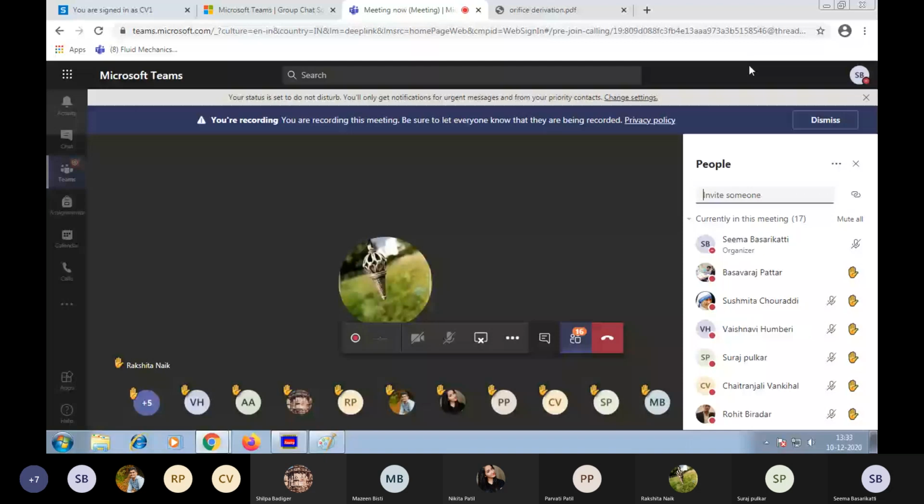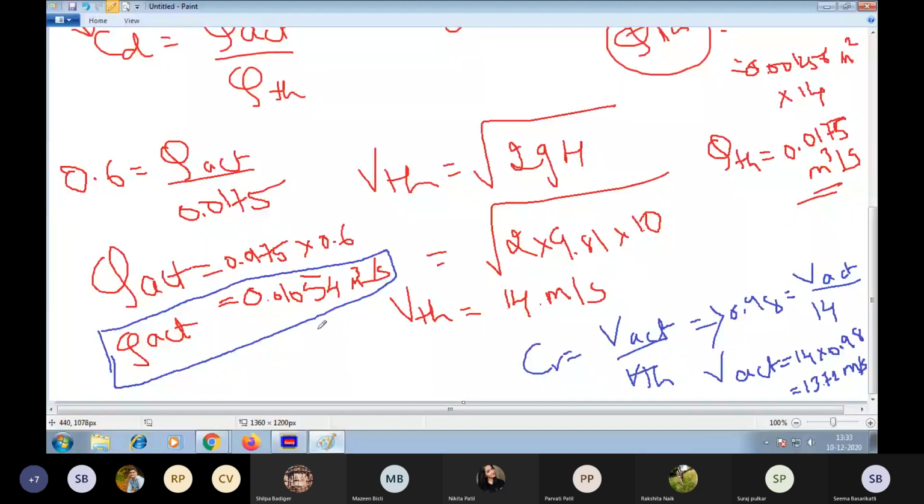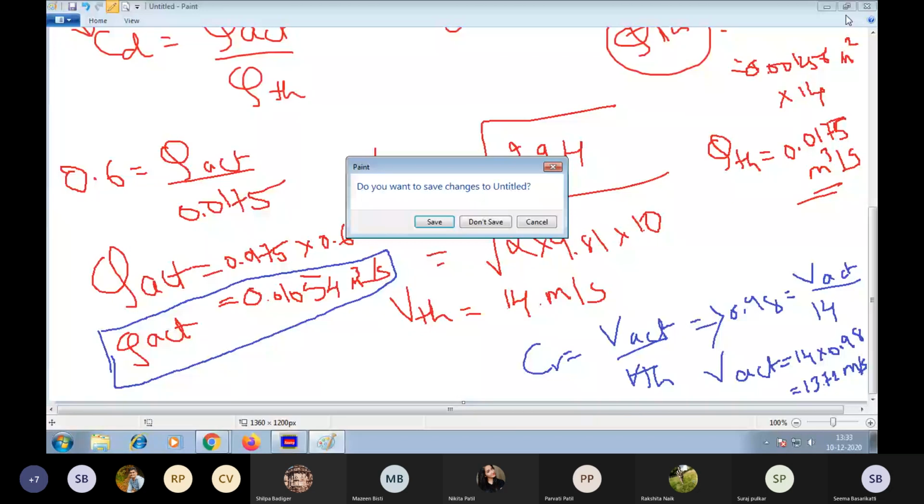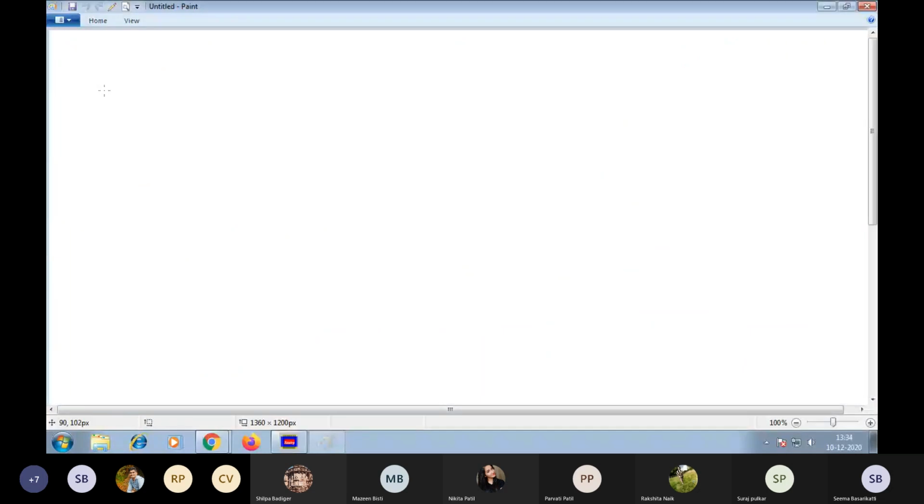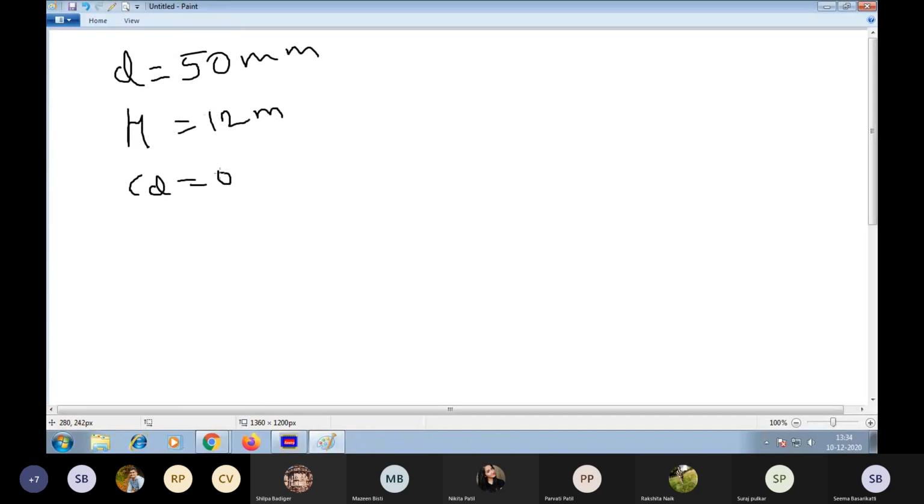Okay, fine. So take another problem and solve it by yourself. I'm going to give you the data. Solve it and tell me the answer. The diameter is 50 mm. Head is 12 meter. CD is 0.6 and CV is 0.98.